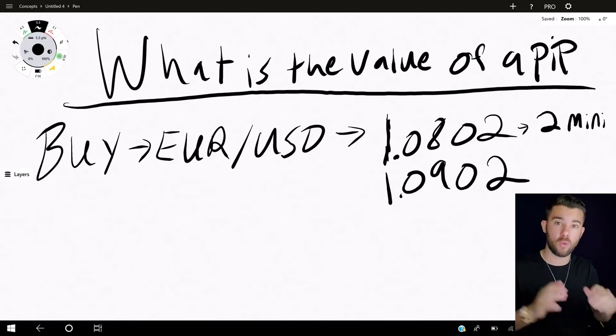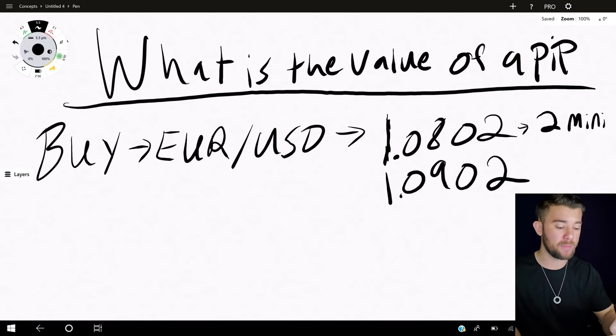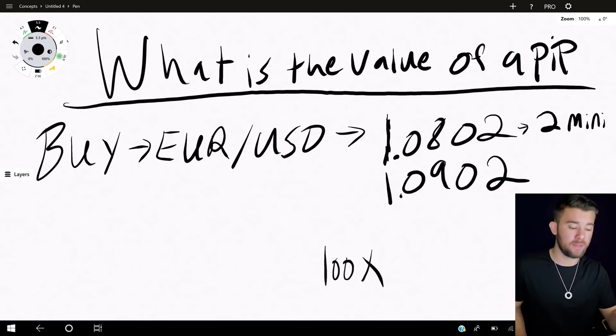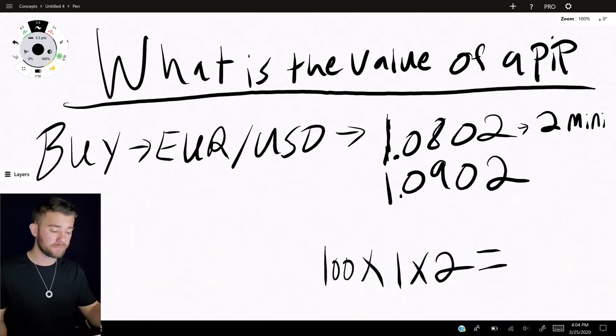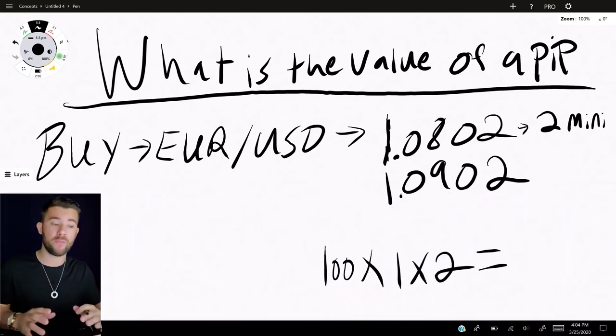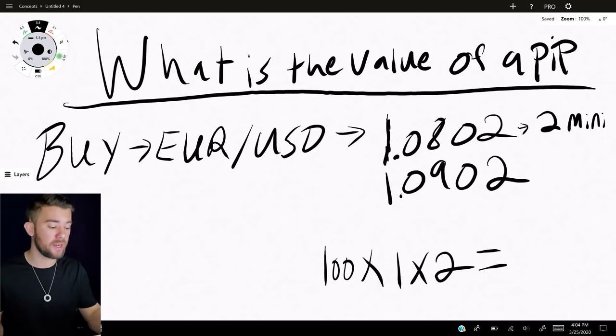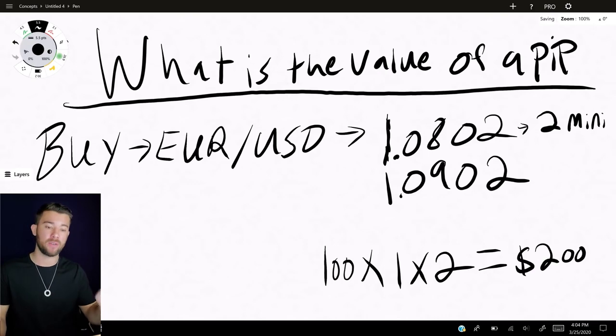So our equation would still be, pips, 100, times the value per pip when you're trading a mini lot, which is $1, times the amount of mini lots you're trading, which is 2. Your profit on this trade would be 100 times 1, which is 100, times 2, which is the amount of mini lots you're trading. So you would have a profit of $200 on this particular trade.